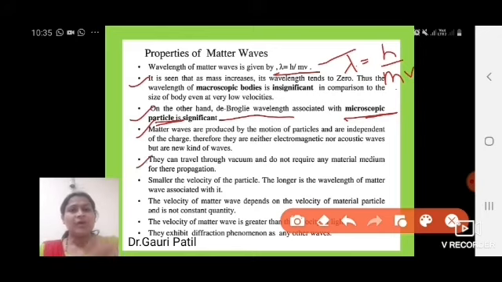Then the next property is that they can travel through vacuum and do not require any material medium for their propagation.